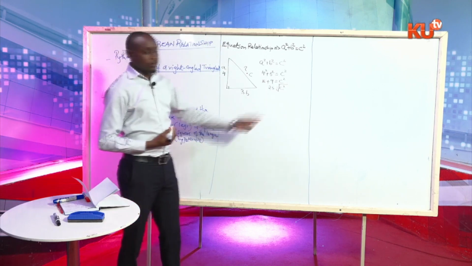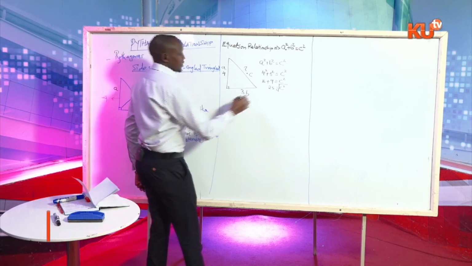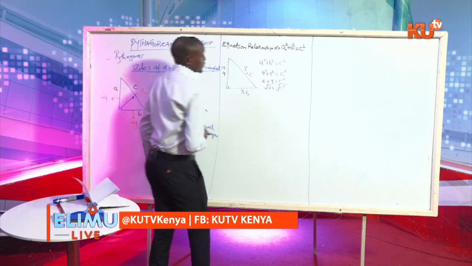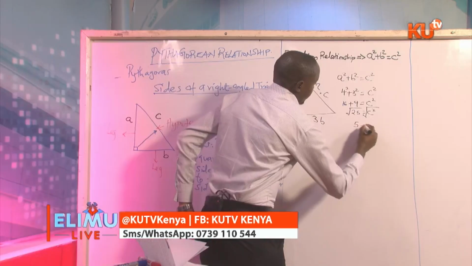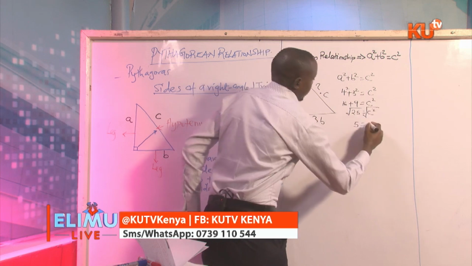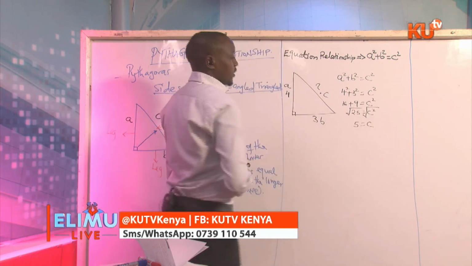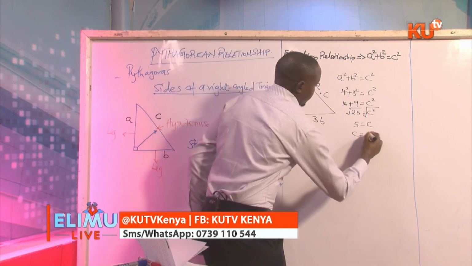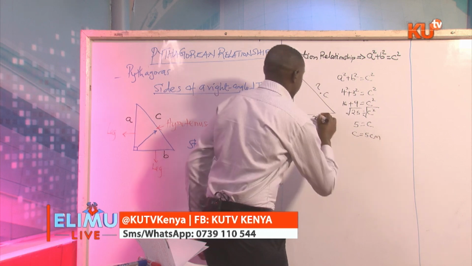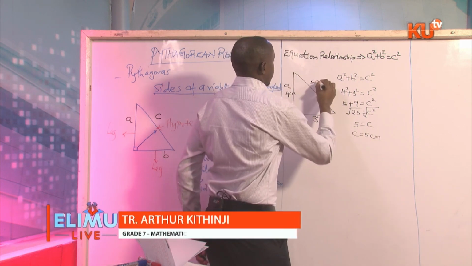And what you do to one side of the equation, you must also do to the other side. So let's take the square root of 25 as well. The square root of 25 is 5, and the square root of C squared is C. So we eradicate the exponent 2 by getting the square root. So therefore, C is 5 centimeters, if these were all centimeters. So this is 5 centimeters.